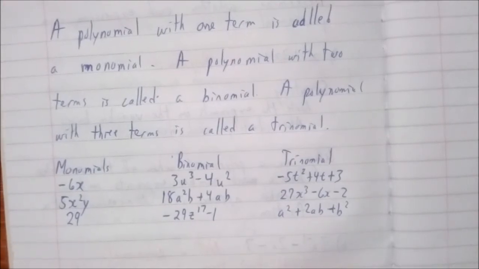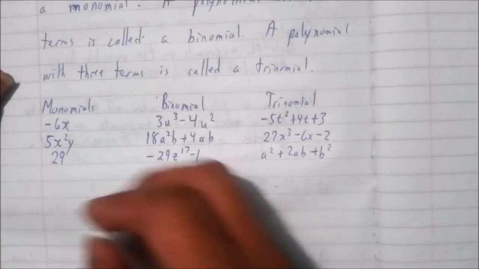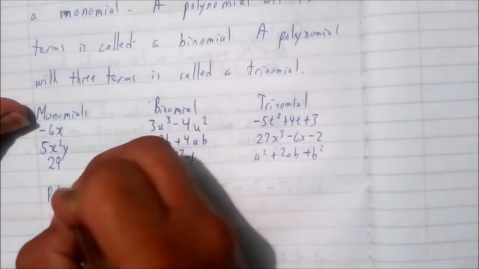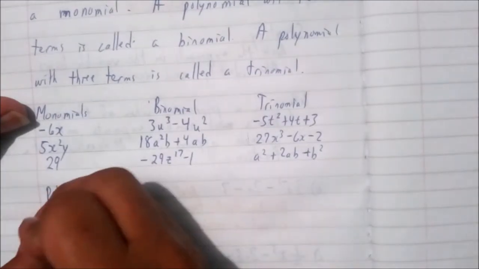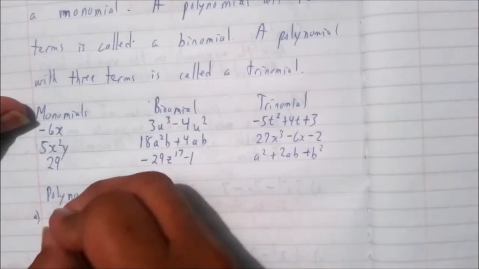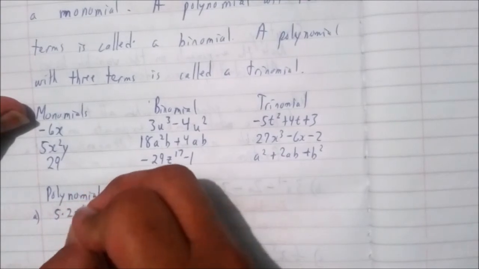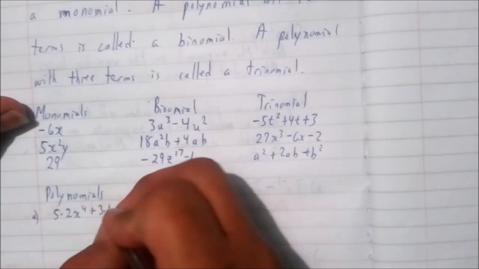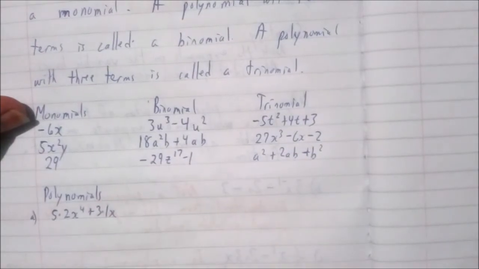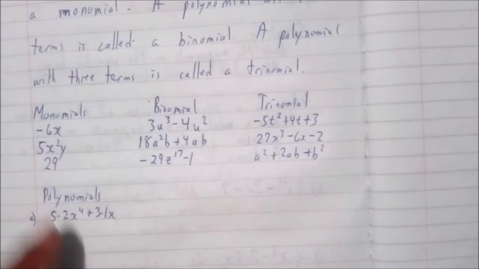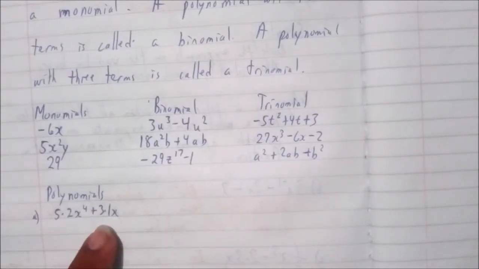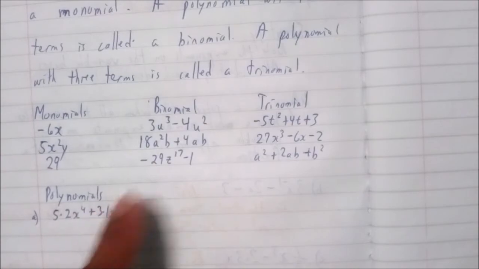So here are polynomials. Let's say our first example is 5.2x to the fourth plus 3.1x. What kind of polynomial is it? Well, we can count the number of terms. It has 2 terms, so it must be a binomial.